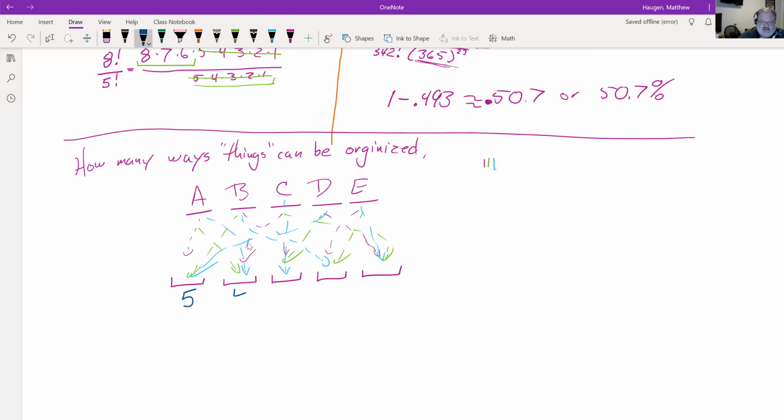The 4 remaining letters. Yeah. How many letters can go in the third box? How many in the fourth box? How many letters are left to go in the last box? So how many different ways can we organize these 5 things in those 5 boxes? 5 factorial ways, which is 120. We'd have been counting 120 different.